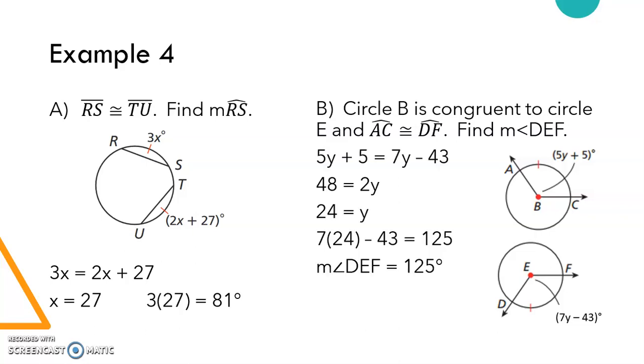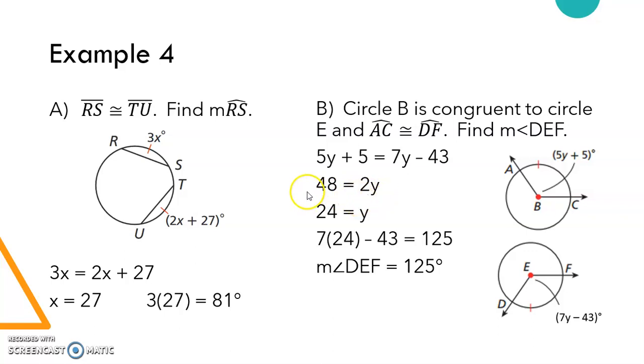So because the circles are congruent and those arcs are congruent, I know that these two angles are equal. So I did 5y plus 5 equals 7y minus 43. Then, to solve this, I subtracted 5y from the 7y, and I added 43 on both sides. So I got 48 equals 2y.